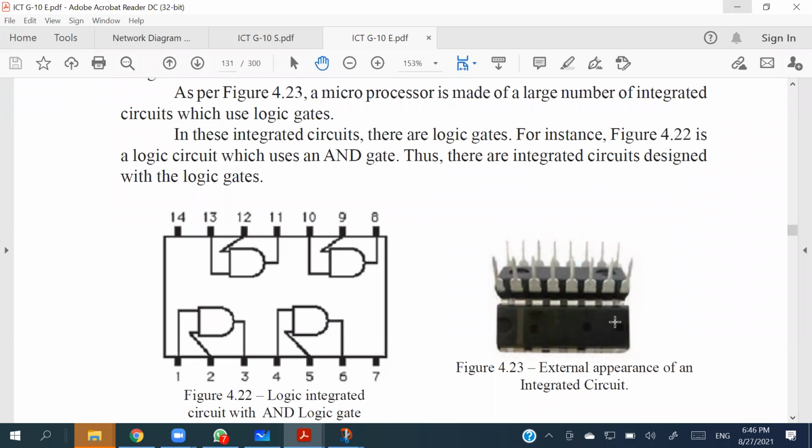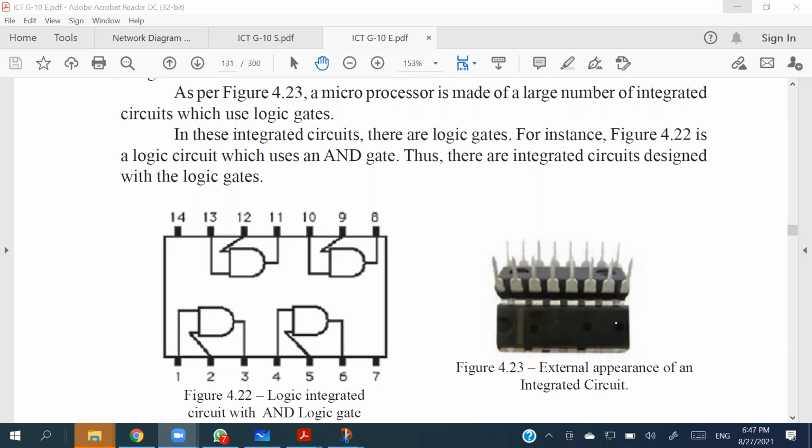To create an integrated circuit, we need the gates, right? It's actually not us who are creating the integrated circuit, it's a manufacturer. There are specific factories which create these electronic items, right? So when they are creating that, they put these logic gates, or the function of the logic gates, inside it using many other components, right?